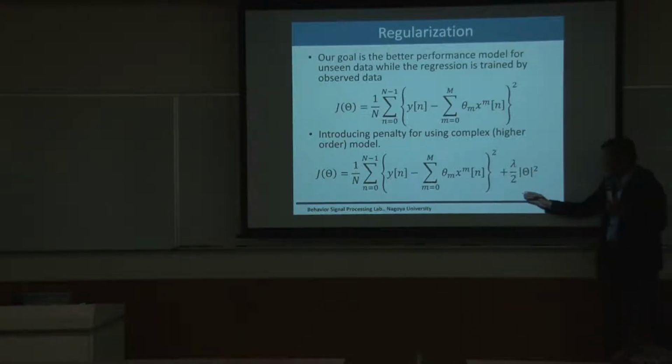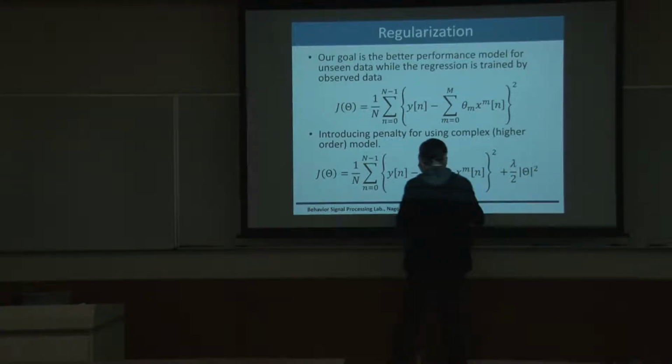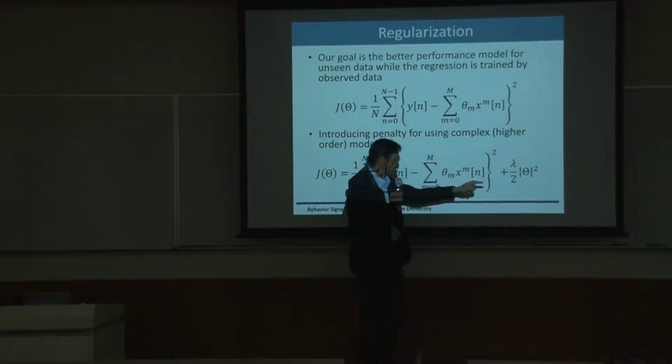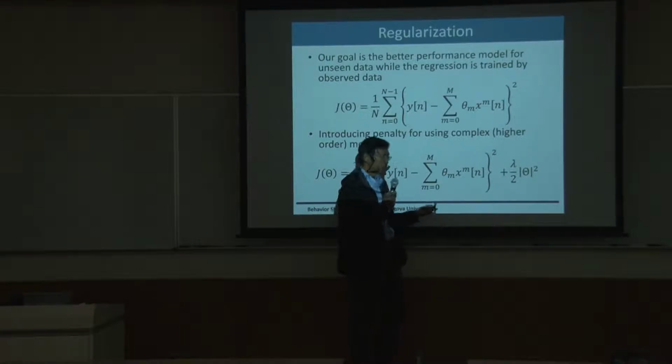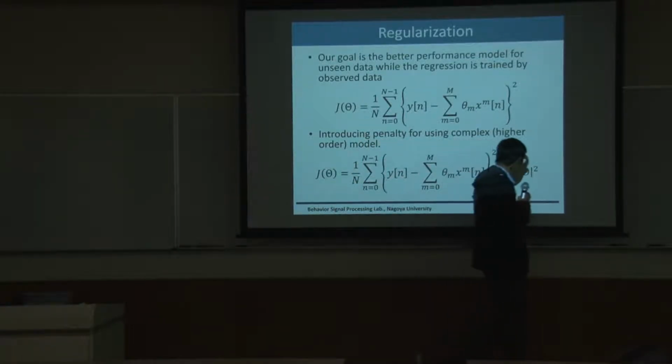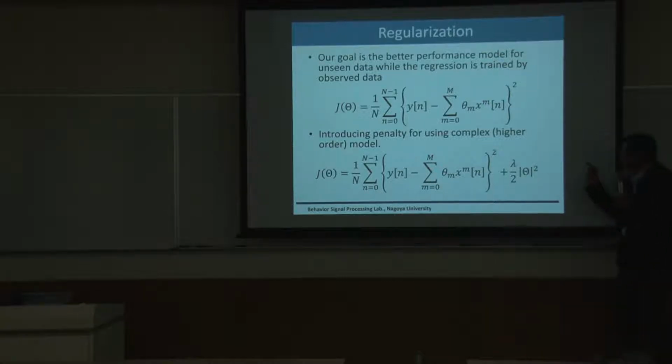For instance, we have say 5 thetas, theta 0, theta 1, theta 2, theta 3, theta 4. That is a 4th-order polynomial regression. And suppose that only the third term is very large, like 0.999, and the other terms are very small, like 0.00133, something like that. Then this value is almost 1.